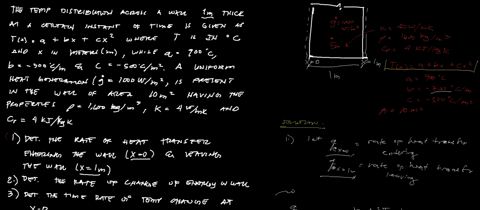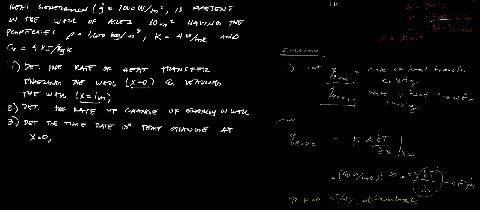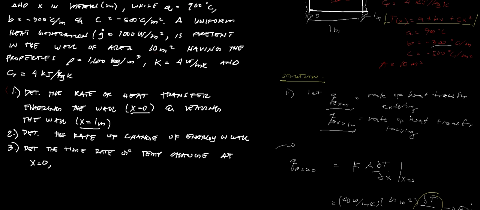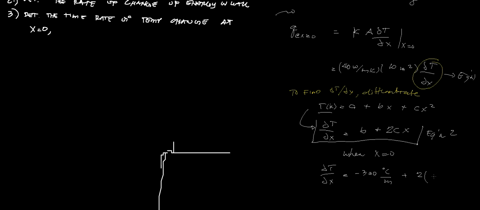Yeah, it's negative 300 degrees C per meter, then plus 2, then the value of our c is negative 500. I mean this is 50, sorry, so this is only 50 degrees C per square meter, and then when x is 0, so that is 0.